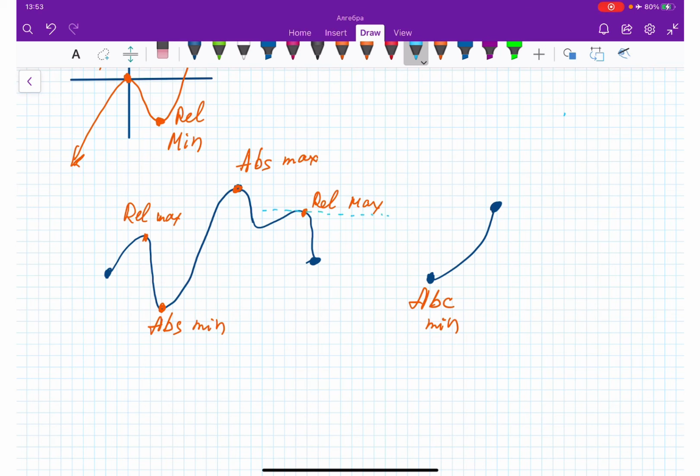A horizontal line, and when the slope is a horizontal line, how much is our slope? 0, correct? And slope is, what is it? It's a rate of change, and it's the first derivative, correct?